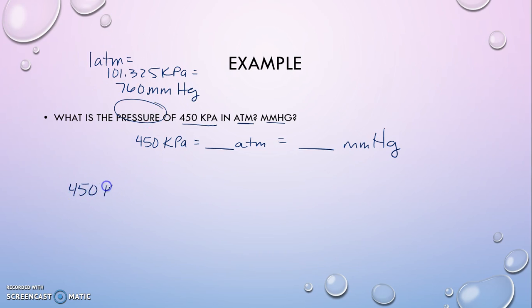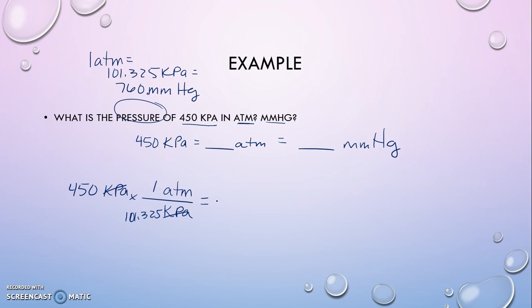So we set it up: 450 kPa, multiplied by a fraction. kPa goes on the bottom because that's what we want to get rid of. We know that one atmosphere is equal to 101.325 kPa. The kPas cancel and we're left with atmospheres.